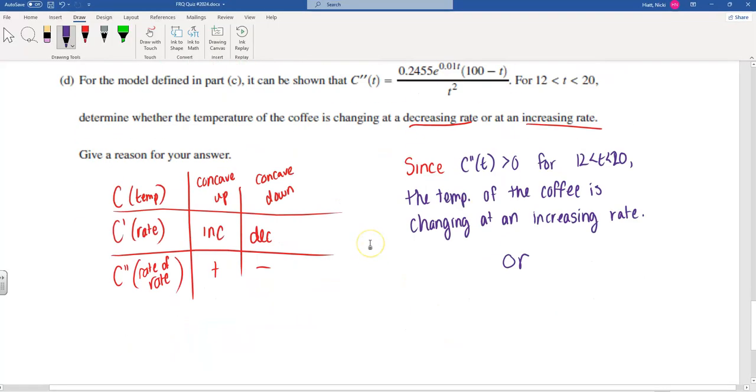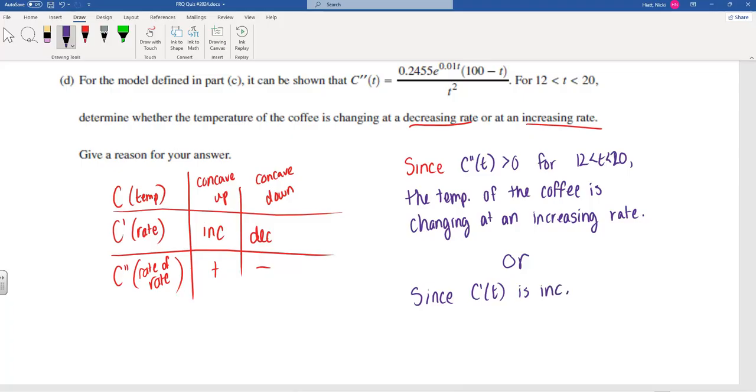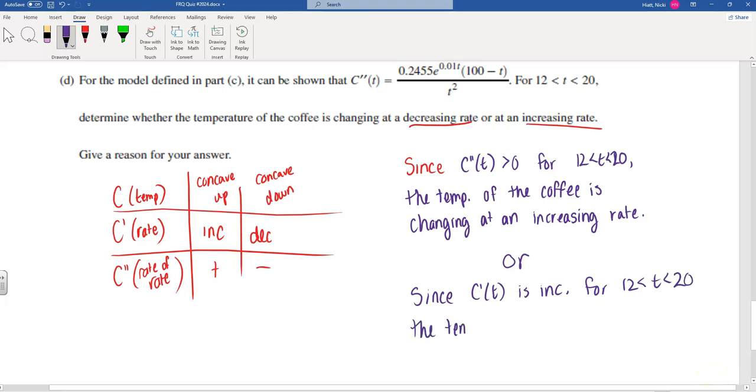So you could say, since C prime of T is increasing for 12 less than T less than 20, the temperature, same conclusion, right? You can just write what I have for the second part of that. So either one of those are options there.